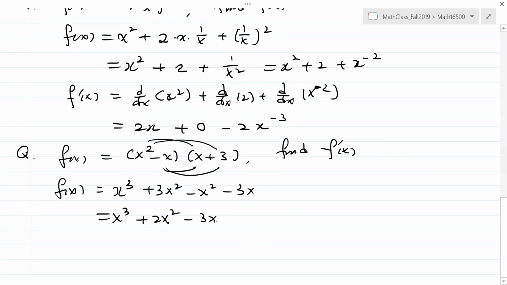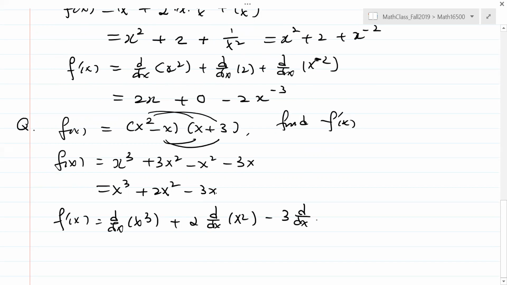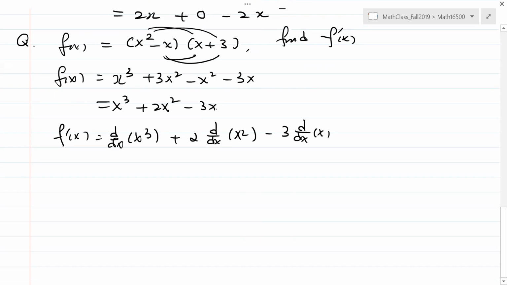Now it's a sum of power functions, so you can differentiate each term, then add them together. Write down: what is the derivative of x cubed? 3x squared. Then 2x squared gives 4x, minus 3. Simplified, so this is the derivative.